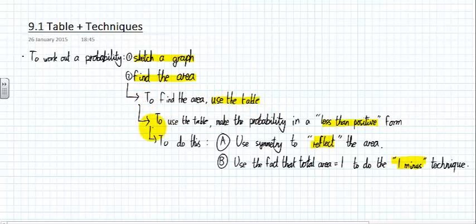And to use the table, you must make sure that the probability is in a less than positive form. To do this, you can use two techniques. A, use symmetry to reflect the area. B, use the fact that the total area equals 1 to do the 1 minus technique.